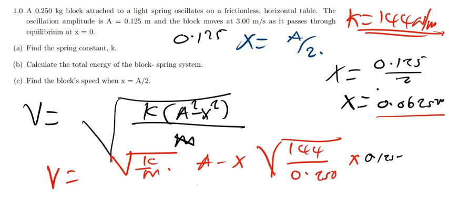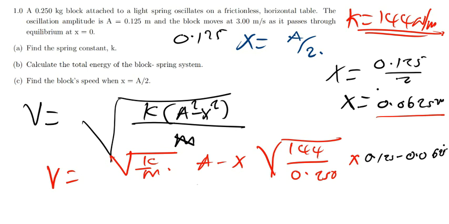My x value now is 0.125 divided by 2. So first what I'm going to do is 144 divided by 0.250, then I get the square root. I'm getting 24.